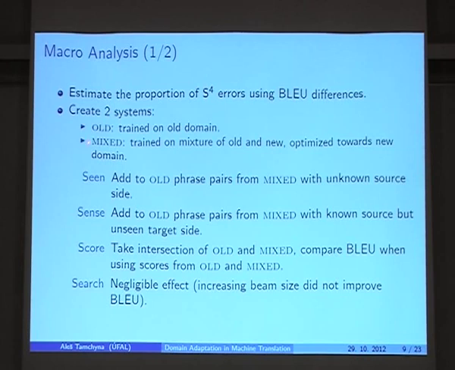So you take this old phrase table, you look at all the source phrases in mixed which are not in the old phrase table, and you just add them. And you evaluate the baseline system, you evaluate the new system, and based on the difference in BLEU scores, you can infer how much error it actually causes.